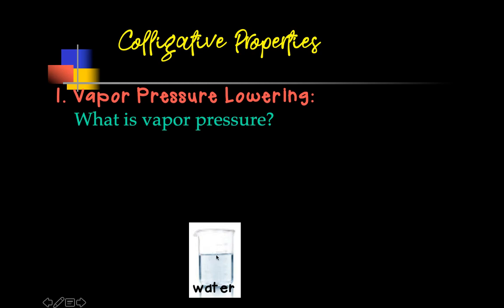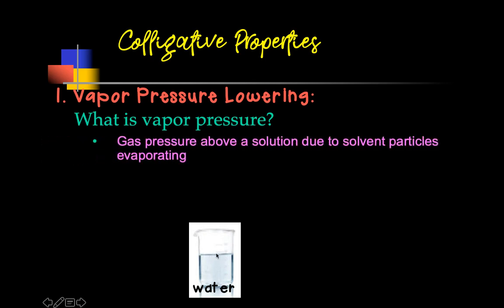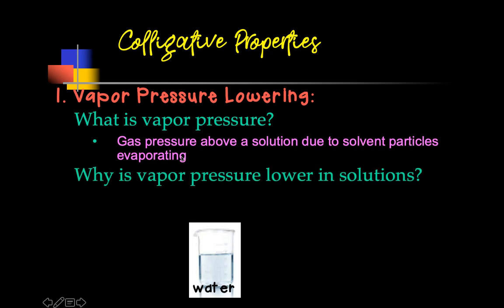Those top molecules are gaining enough energy, they turn into a gas, and then they are creating some vapor pressure right above that liquid. So vapor pressure is the gas pressure above a solution or any type of liquid due to the solvent particles evaporating.